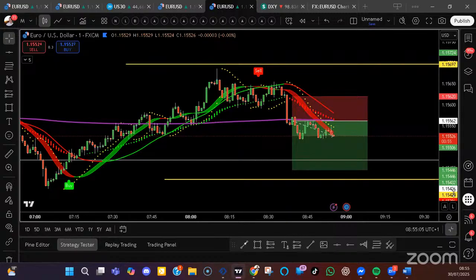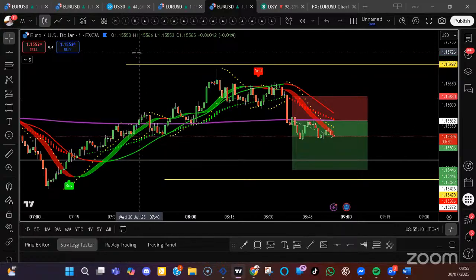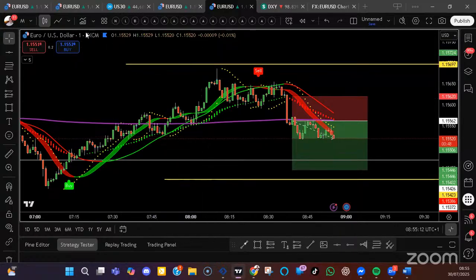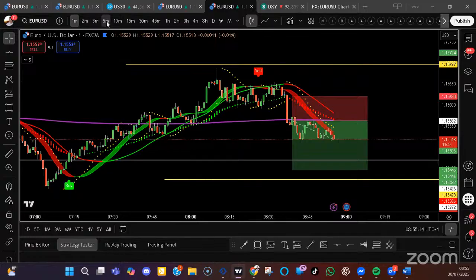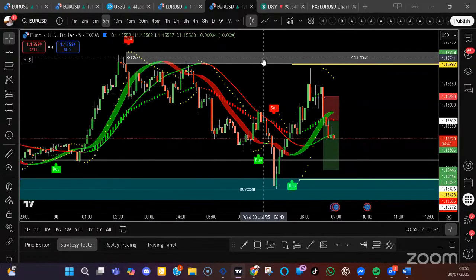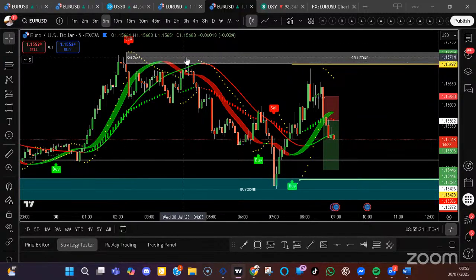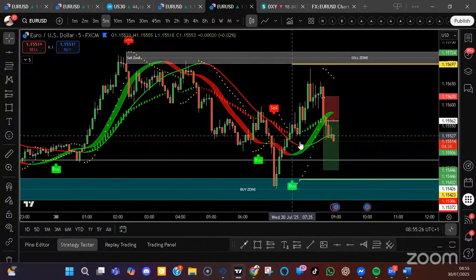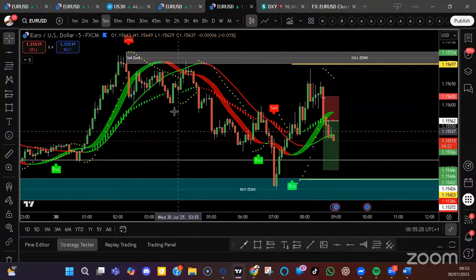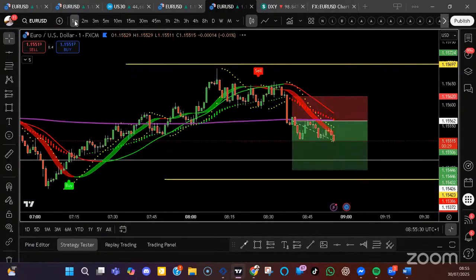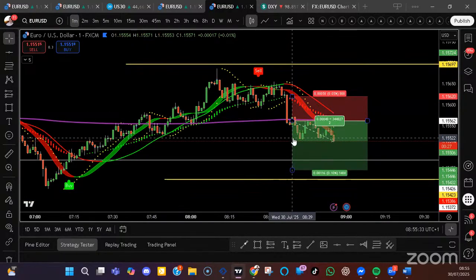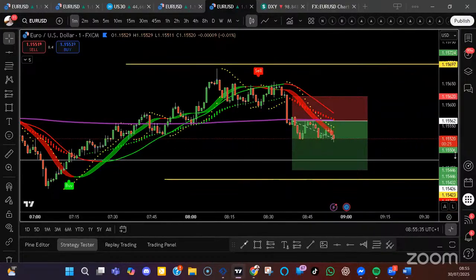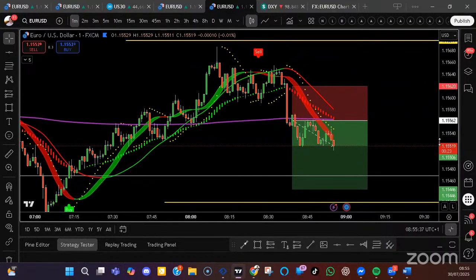I can come back later on in the day and trade one more time by waiting for price to get into the sell zone on the 5 minute time frame. Then I will look for the next sell on the 1 minute. There we go. Your double bottom has just been broken. But good shout anyway.